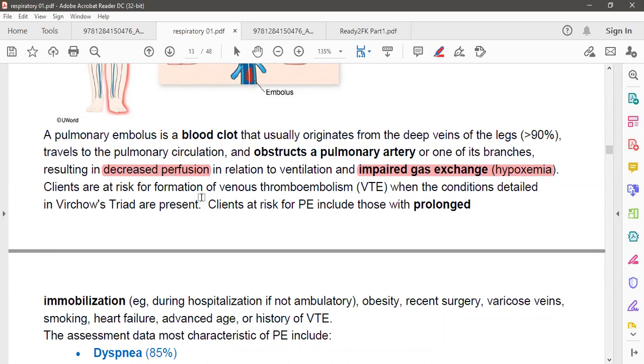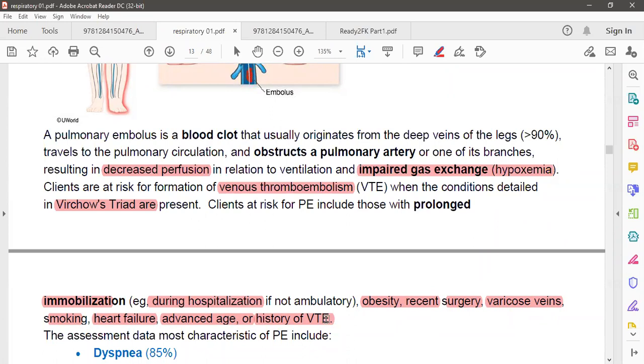Also, the client is at risk for formation of venous thrombosis, in a condition we call Virchow's triad. The clients at risk for pulmonary embolism include those with prolonged immobilization, like during hospitalization, obesity, surgical operation, varicose veins, smoking, heart failure, advanced age, and history of deep vein thrombosis or thromboembolism.